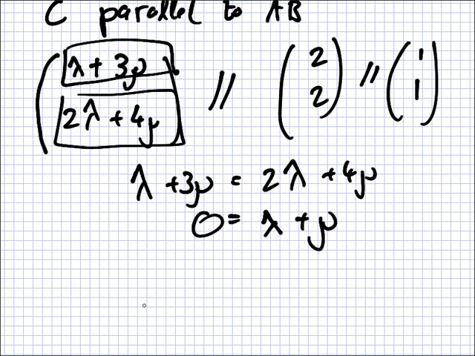That will make them parallel to AB. And also the magnitude must be the same. Yeah, you could think about it like that as well. So you could say 2 lambda plus 4 mu over lambda plus 3 mu must equal 2 over 2.